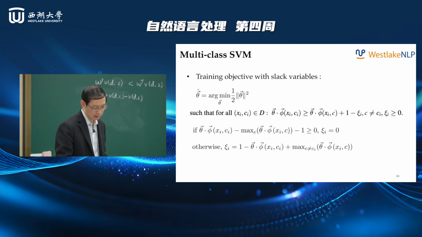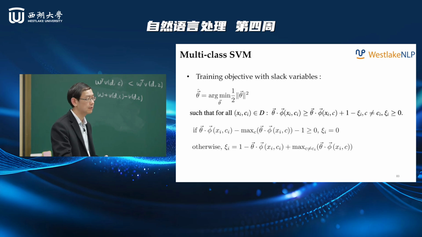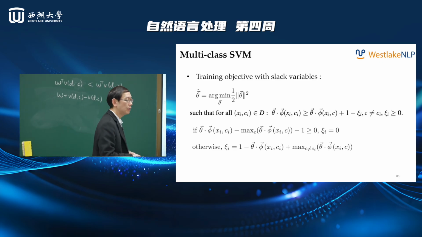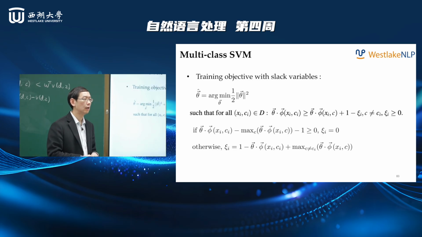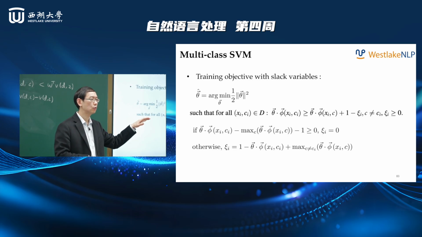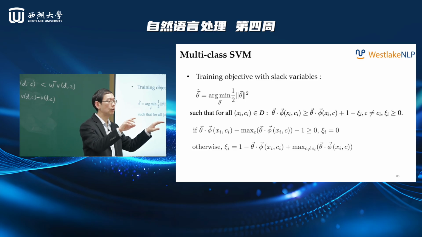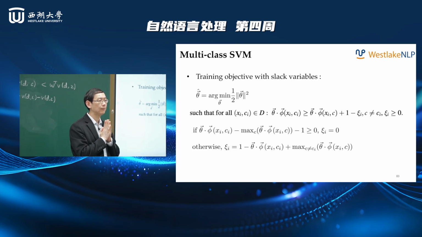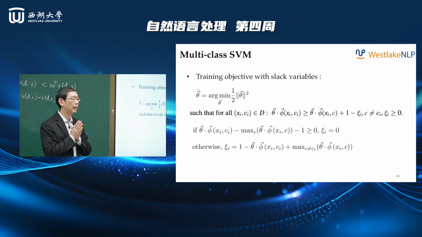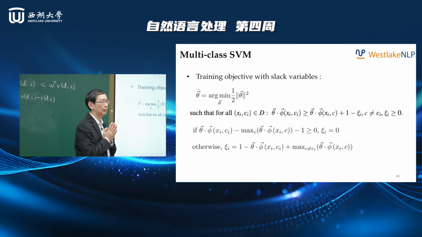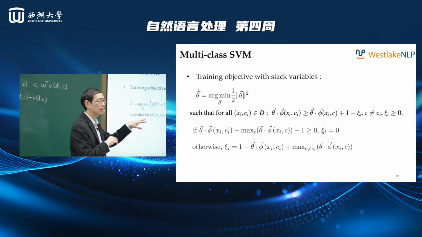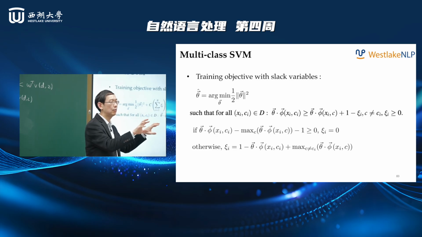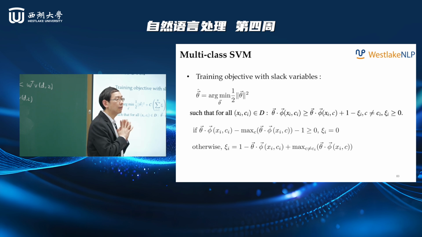Similarly, for multi-class SVM, we can do the same. Originally, I want the correct samples to be scored higher than incorrect samples by at least 1. Now I don't do that. I say I want the correct samples to be scored higher than incorrect samples by at least 1 minus the slack variable.